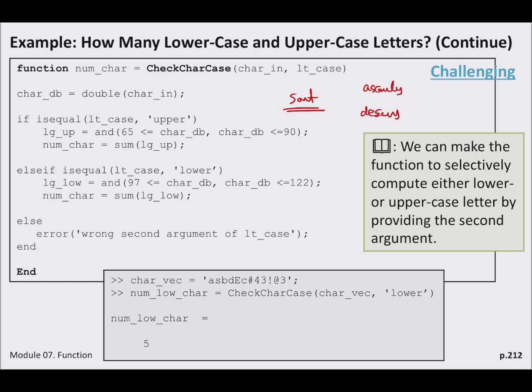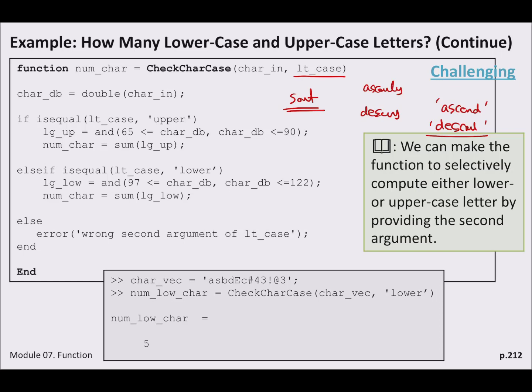To do so, we need to provide ascend or descend as the input argument, right? Similarly, we can make the second argument give such an option to the user. Letter case is the variable where we can put this option.